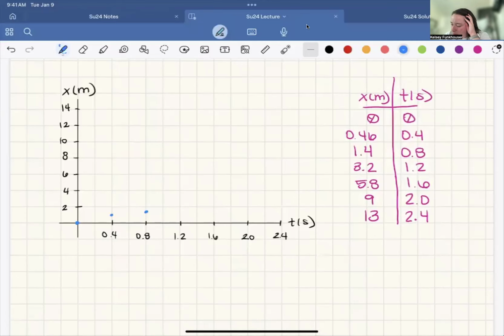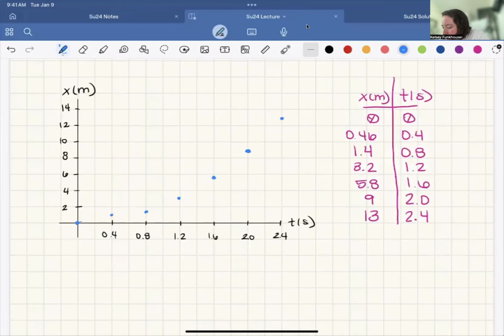So that is going to be just above halfway between 2 and 4. So like right there. 1.6 is at 5.8. So now we're pretty close to 6. And then at 2, we're at 9. So that's halfway between 8 and 10. And finally, at 2.4, we're at 13, which is halfway between 12 and 14.